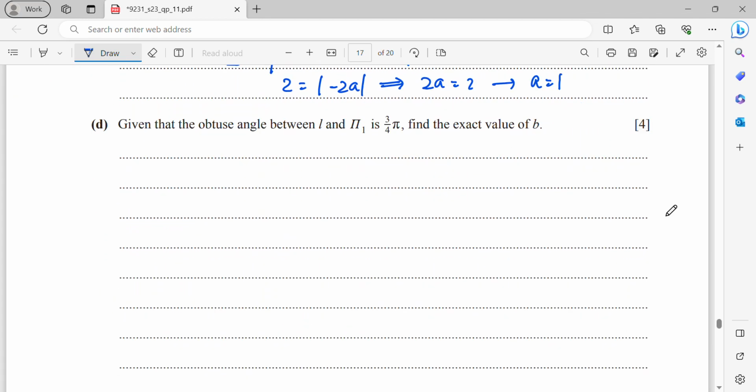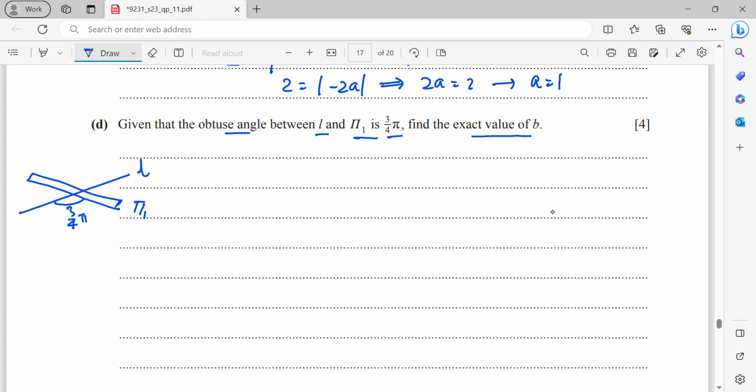Okay, now part D. Given that the obtuse angle between L and pi 1 is 3 over 4 pi, find the exact value of b. Okay, so now, let's say for example, this is the diagram. This is the pi, and here is the L. The obtuse angle between L and pi 1 is 3 over 4 pi, which means this is 3 over 4 pi.